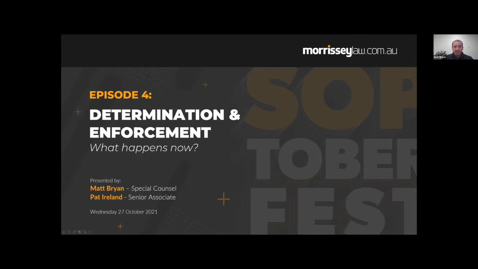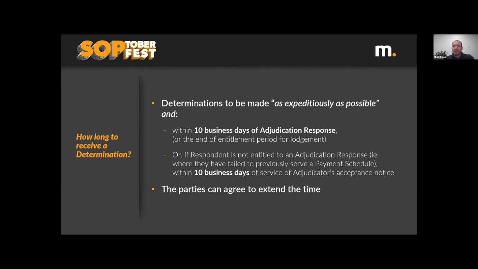So to kick things off, in terms of how long it takes to get a determination, the Security Payments Act requires all adjudicators to determine matters as expeditiously as possible, and within 10 business days of an adjudication response being provided by the respondent.